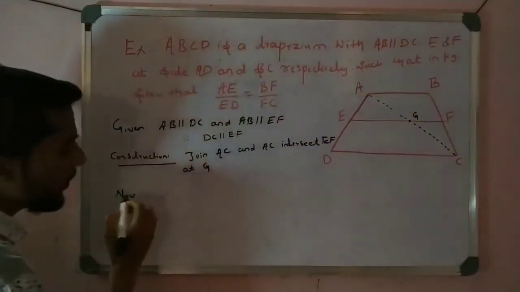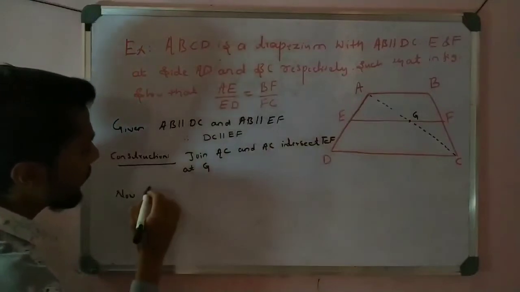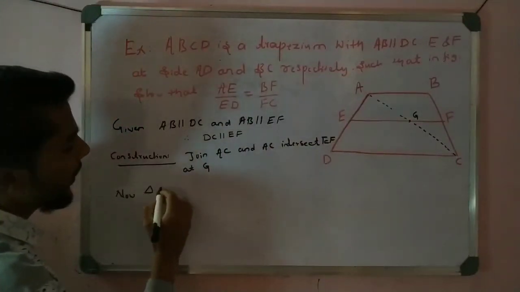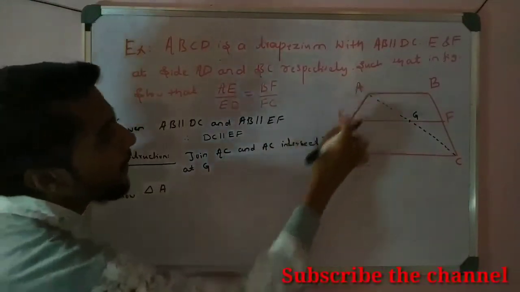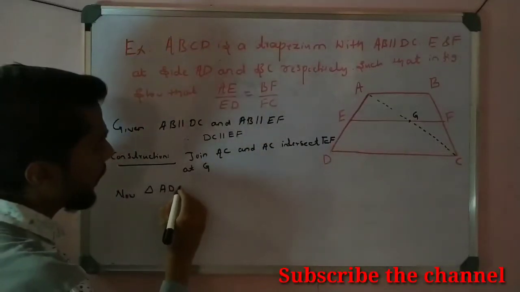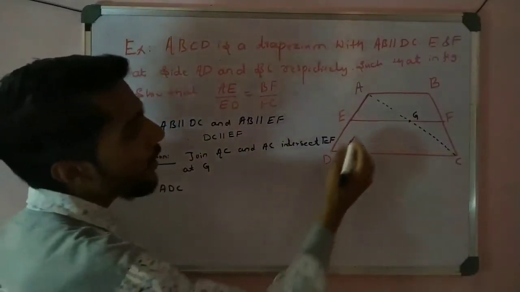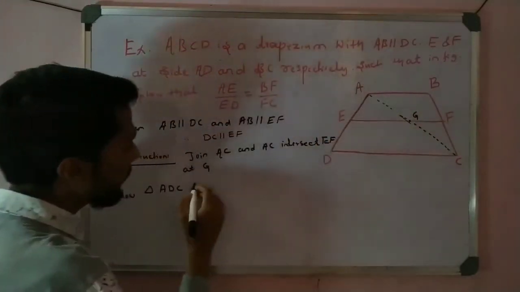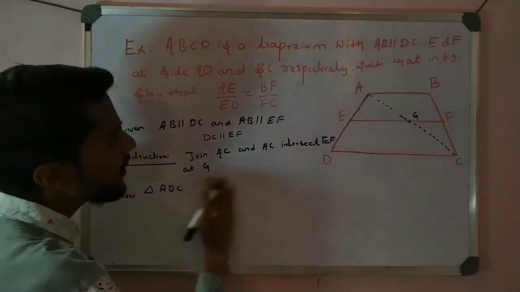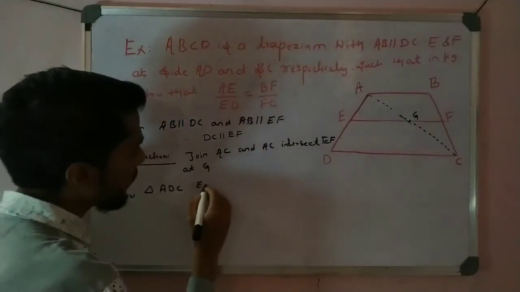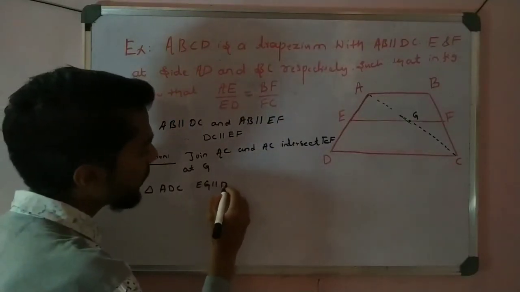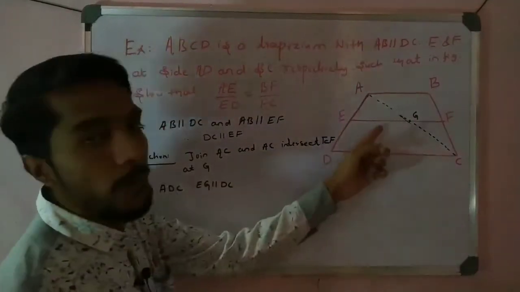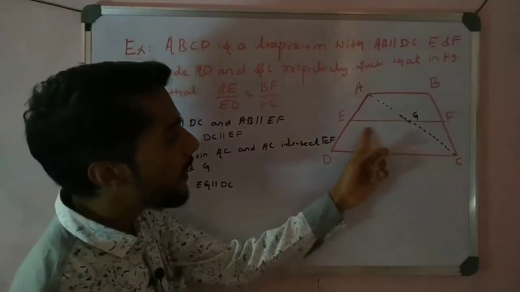Now I can make the triangle ADC, so I apply BPT here. In triangle ADC, EG is parallel to DC.